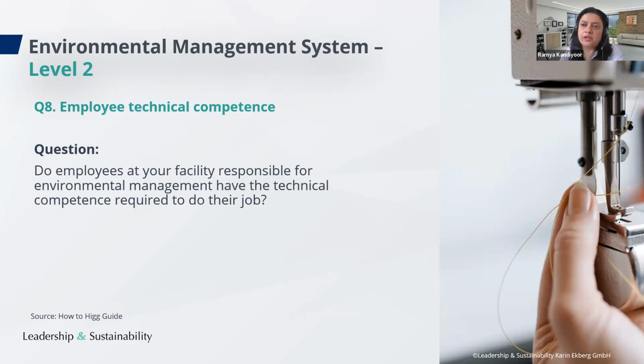They could have passed out from a university, from a sustainability related field where they have done certain courses with regard to environmental management, energy management, etc. So these are the competencies that you would require to highlight and show when you are saying yes on the platform to this particular question.